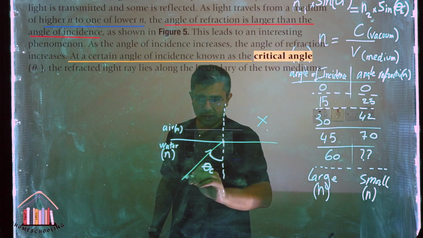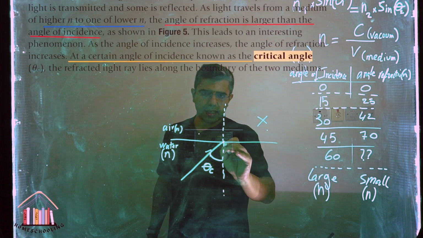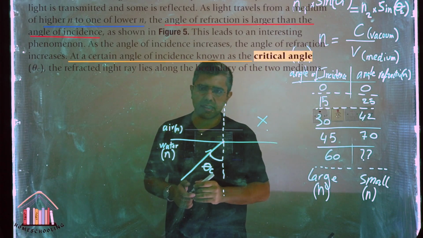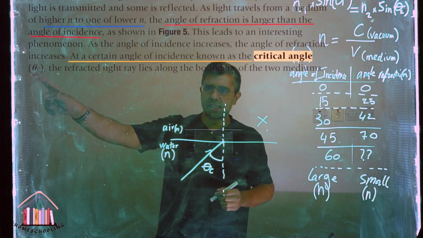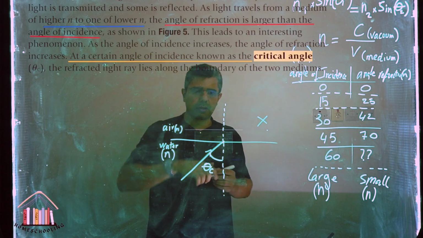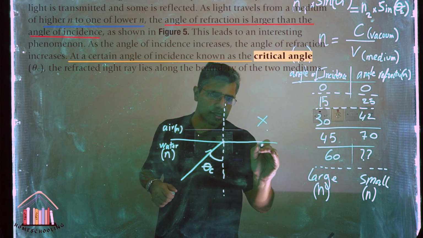What's interesting about this angle is that the light does not go up. Look at the sentence: at this angle theta c, the ray lies along the boundary. Where is the boundary? This is the boundary. So the ray goes along the boundary itself.